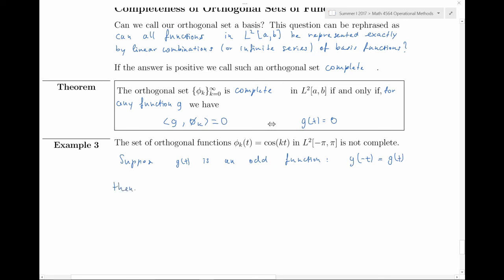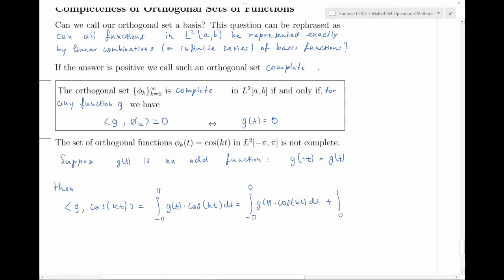Then the inner product of g with the cosine of kt is going to be the integral from minus pi to pi of g of t times cosine of kt dt, which can be broken into two integrals. One integral from minus pi to 0 of g of t times cosine of kt dt, plus a similar integral but from 0 to pi.